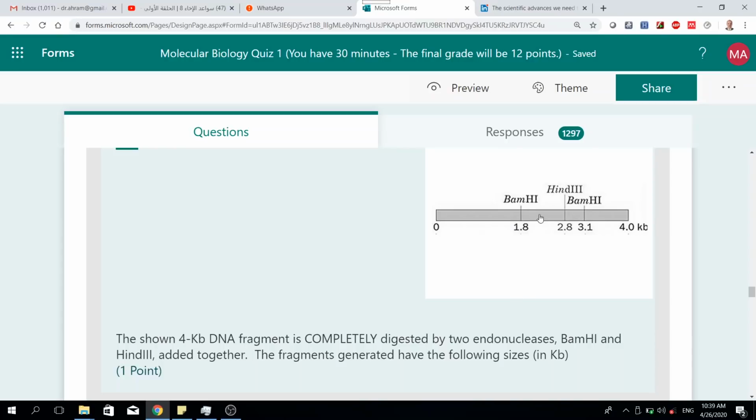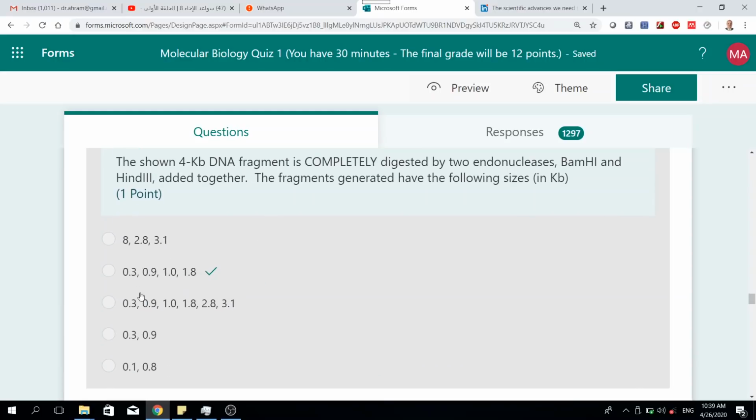Now, this same DNA fragment can be cut by HindIII, generating a fragment that is about 1 kilobase. This enzyme would cut right here, generating a DNA fragment that is about 0.3. And then the remaining DNA fragment has a size of 0.9. So the right answer is this one right here.